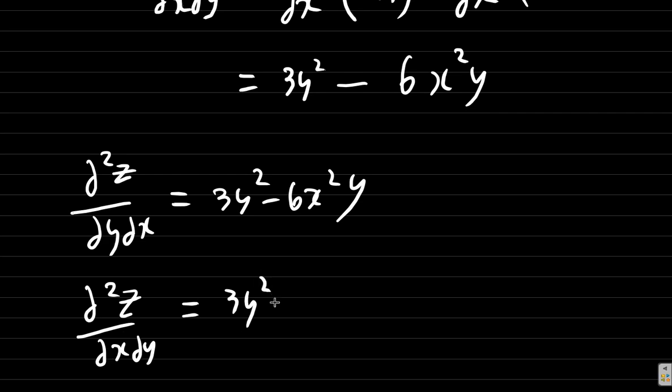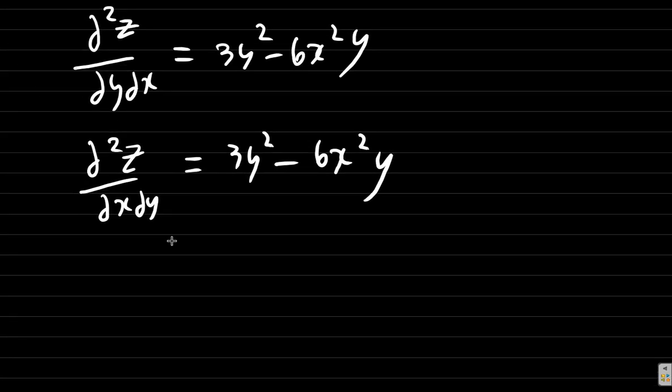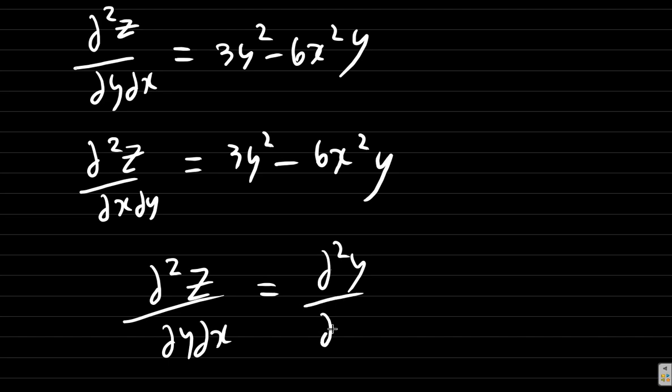It is 3y squared minus 6x squared y. Alright? So what you can say here is that the second partial derivative of z, or delta square z by delta y delta x, is equal to delta square z by delta x delta y.